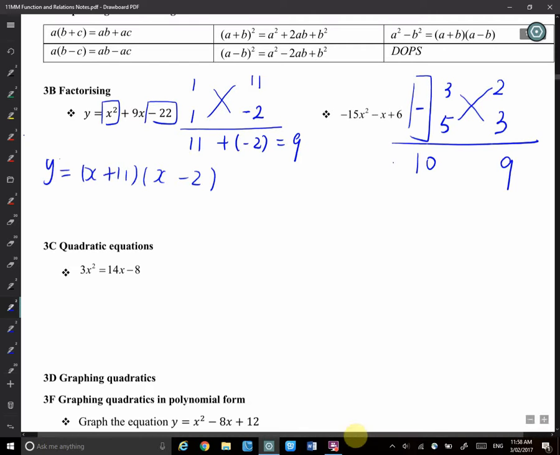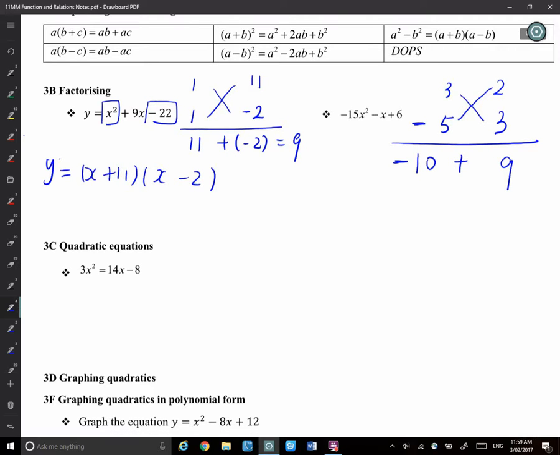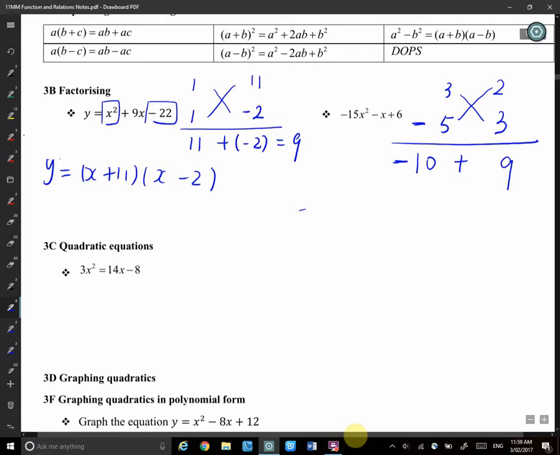So I will have a negative 10 here to make a negative 1. Therefore, the negative sign will go to the negative 5, because 10 comes from 5 and 2. And negative 10 plus 9 is negative 1, which satisfies this case. So I will have 3x plus 2 and minus 5x plus 3.